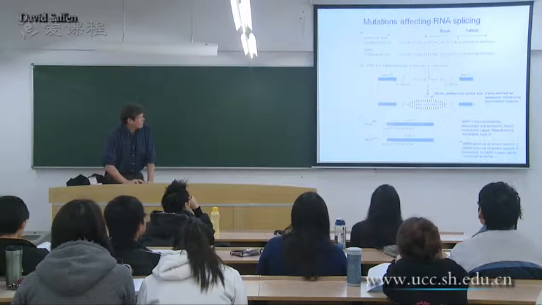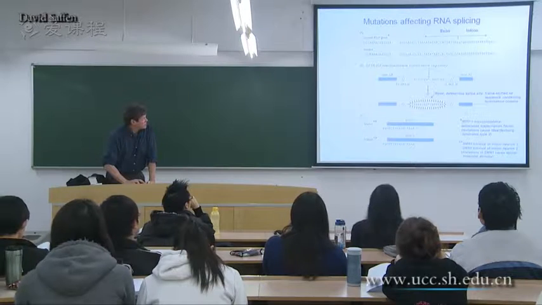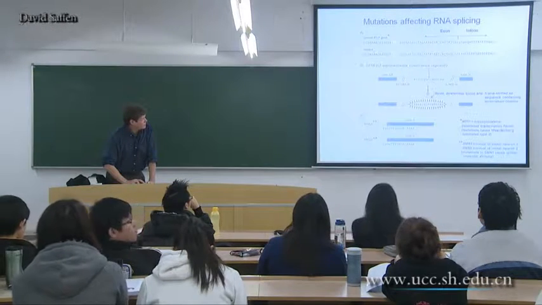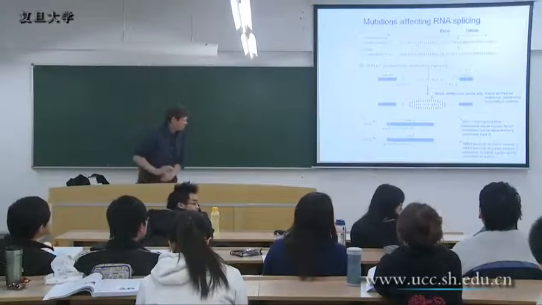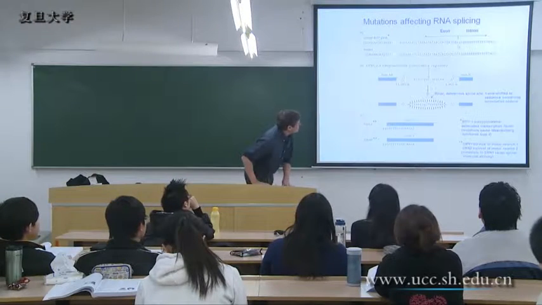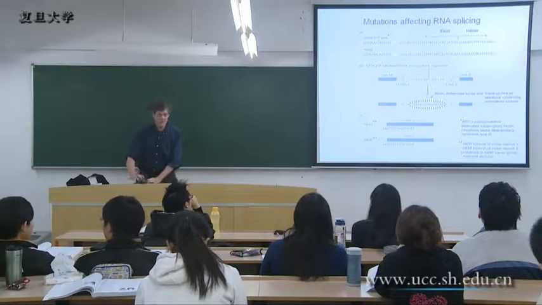Okay, so another way that mutations can affect gene expression is by changing RNA splicing. Here, for example, the acceptor sequence for the intron is, I think, GT, the normal acceptor sequence.